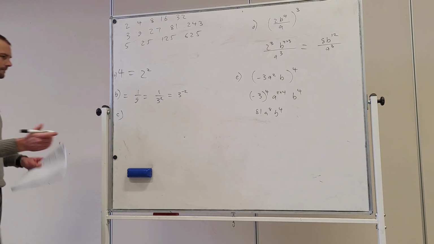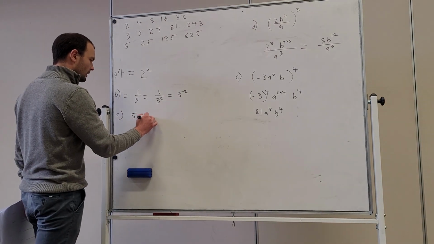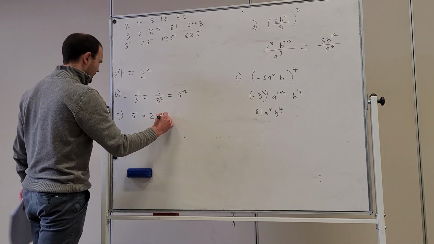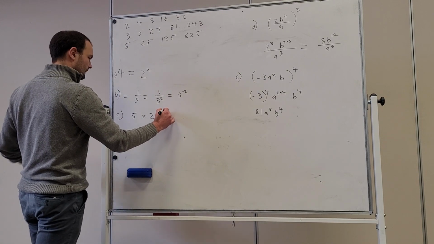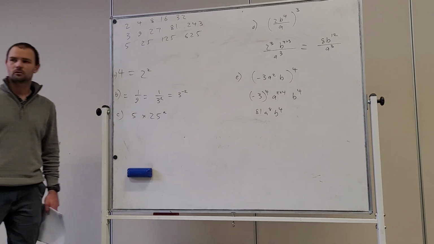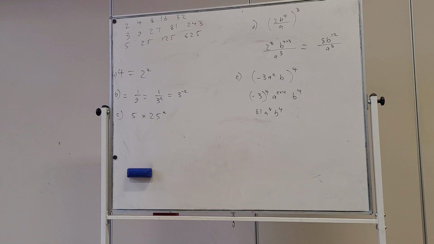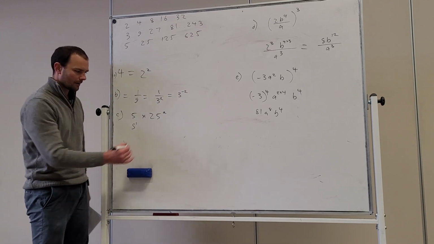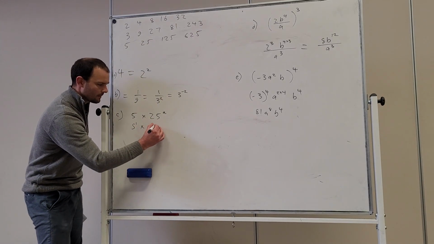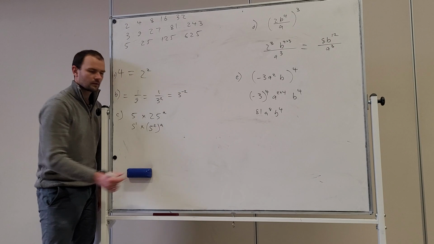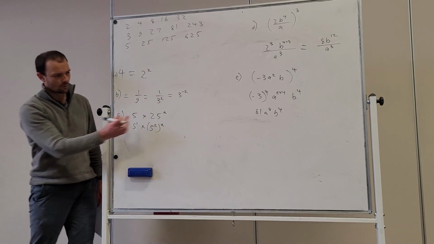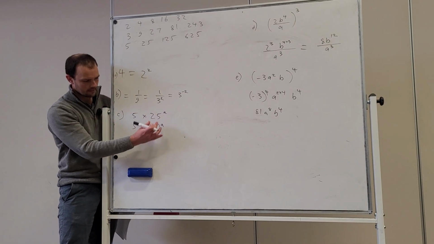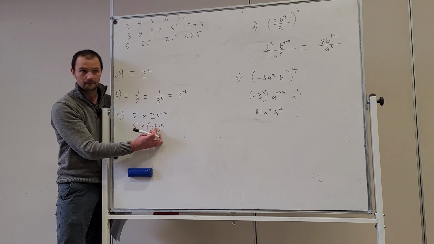On to C, we have 5 times 25 to the power of a. Very good. And we want to write this as a single power of 5. Well, what we have here is 5 to the power of 1, and we're multiplying that by 5 to the power of 2 to the power of a, right? 25 we can express as 5 squared.